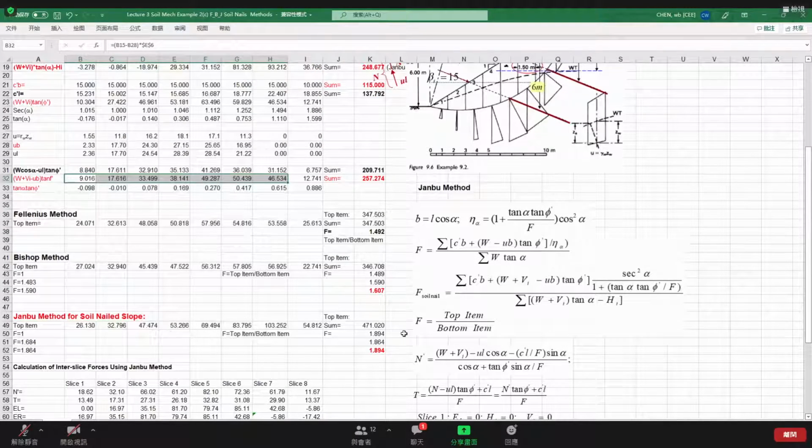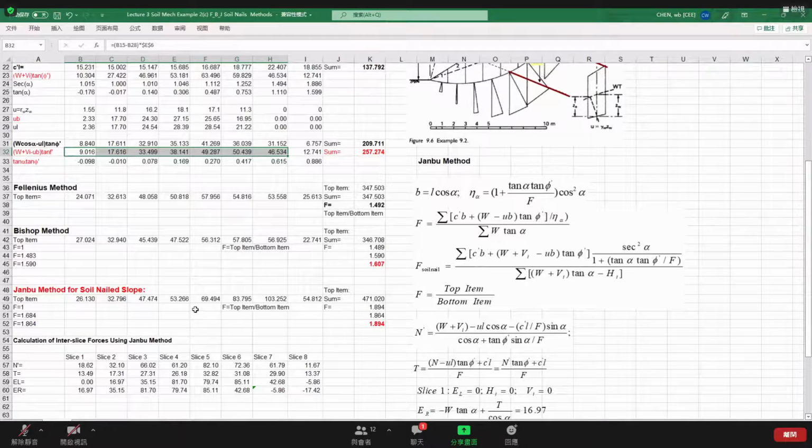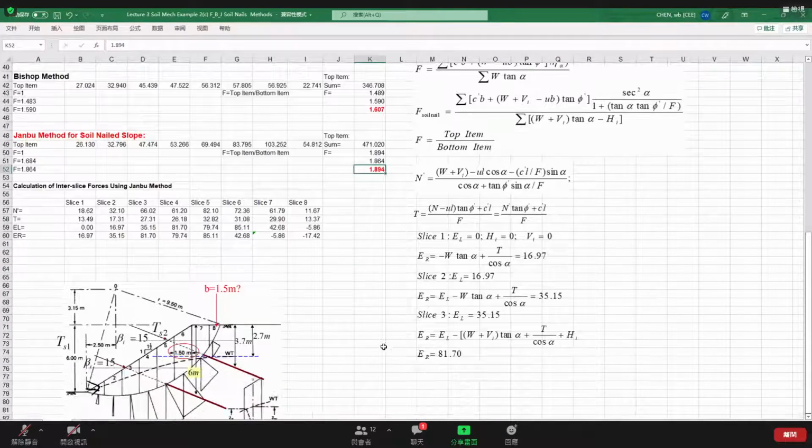Here we only apply the VI and HI for the soil nail. We also do three iterations to get the result, 1.894.